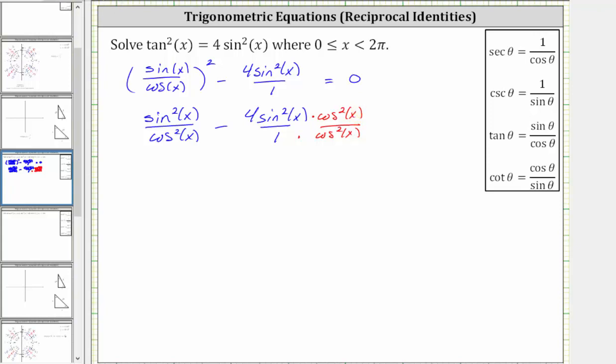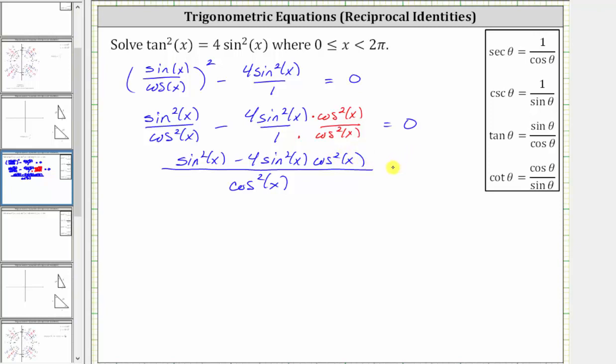And this is still equal to 0. Notice now we have a common denominator of cosine squared x. And the numerator is sine squared x minus 4 sine squared x cosine squared x. And again, this is still equal to 0.